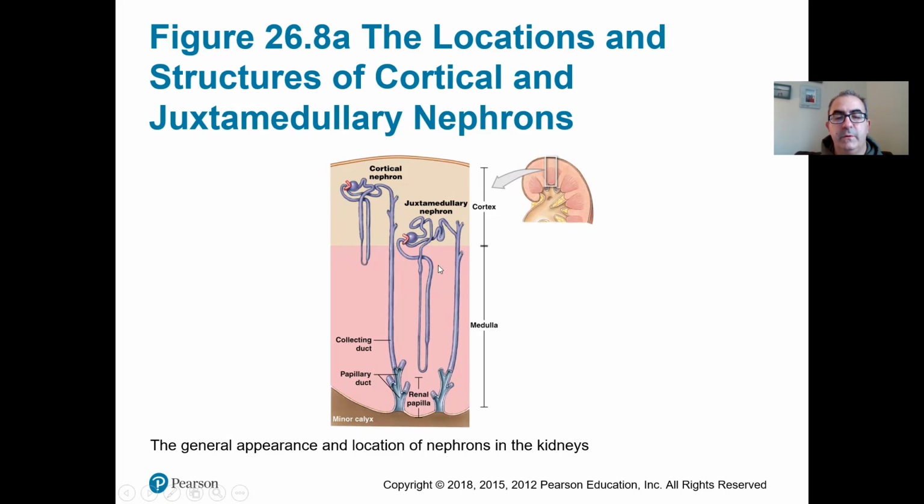And these juxtamedullary ones have a lot more to do with the osmotic gradient that's created within your kidneys, which we'll talk about more the next time we meet, which will be Friday. These ones have a really long nephron loop, and it goes down really far into the renal medulla. And that allows for us to set up this countercurrent mechanism, which we'll talk about the next time we meet.